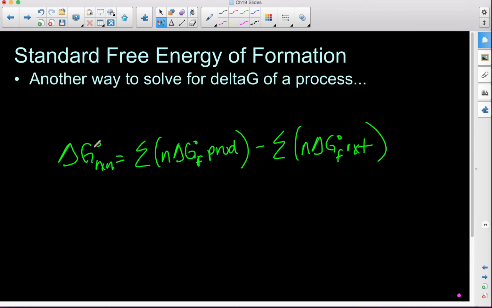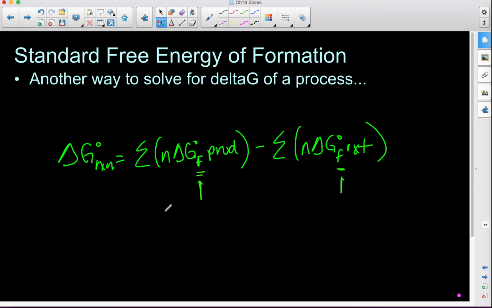Another way to solve for delta G, just like we did for enthalpy and entropy, is we have our standard free energy of formation. Here we are bringing back the formation term, because this is the amount of free energy, which again correlates back to work, associated with a process.